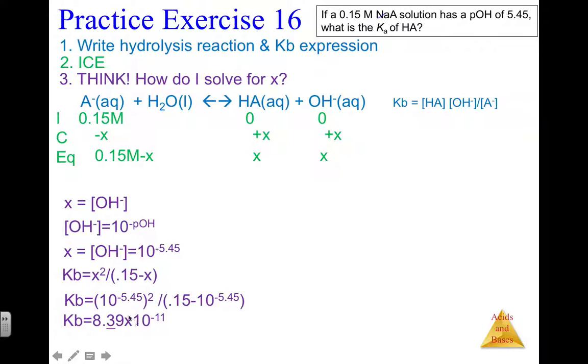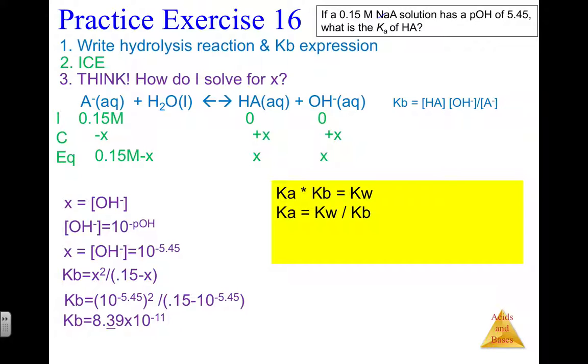I underline that 3 because I'm looking at 2 sig figs. Once I get Kb, I can get Ka using my Kw equation. And there we go. So again, with a salt, all you have to do is look at the cation, look at the anion, figure out which one will affect the pH, and go from there.